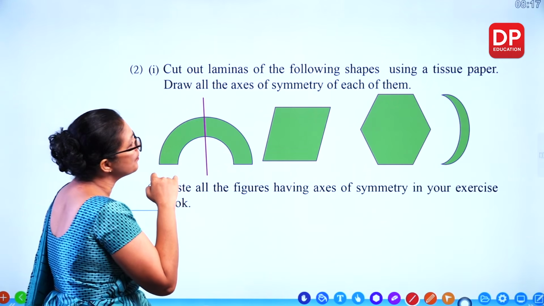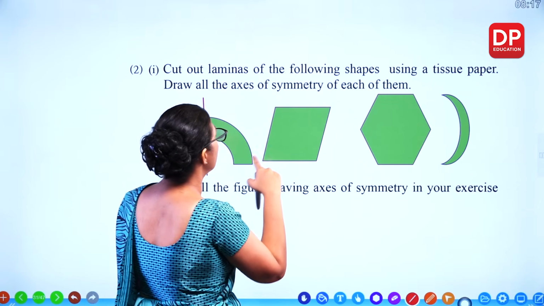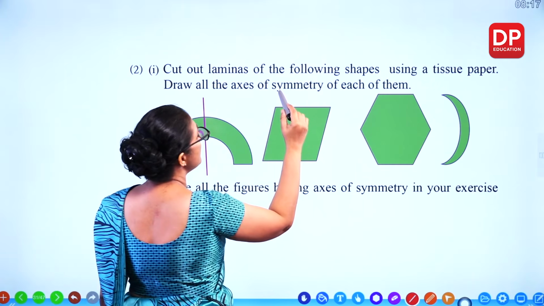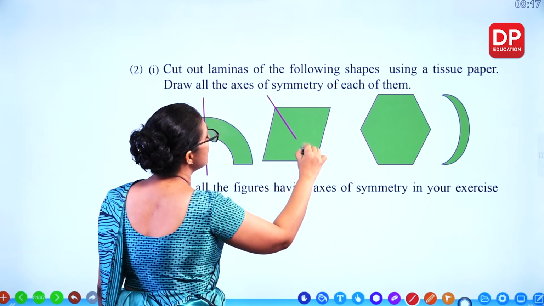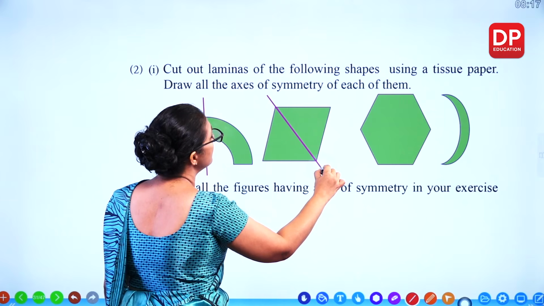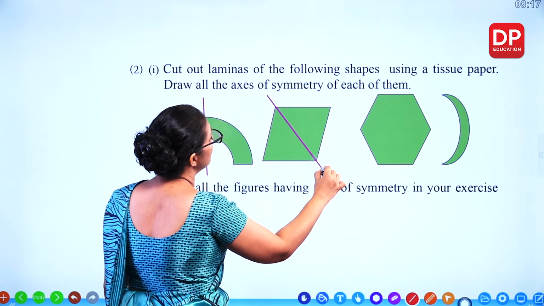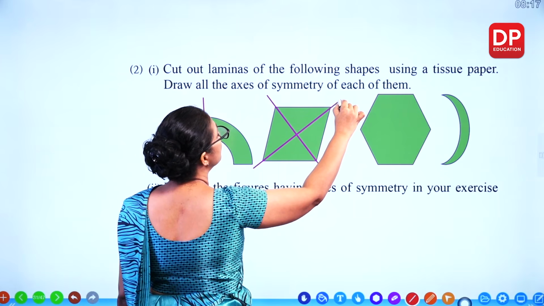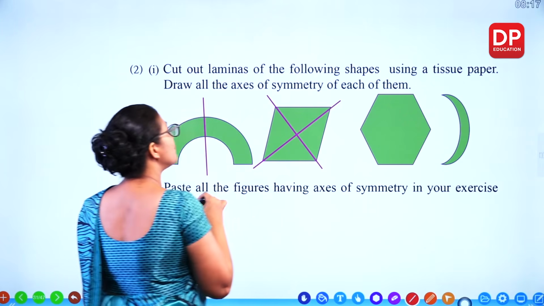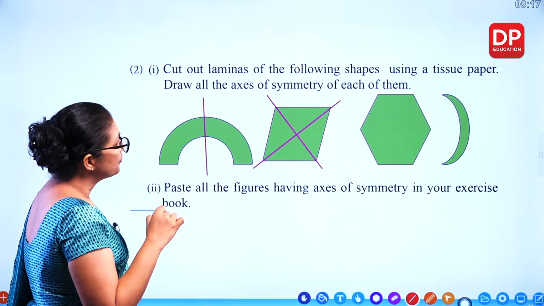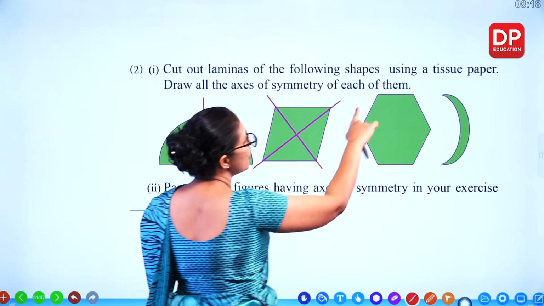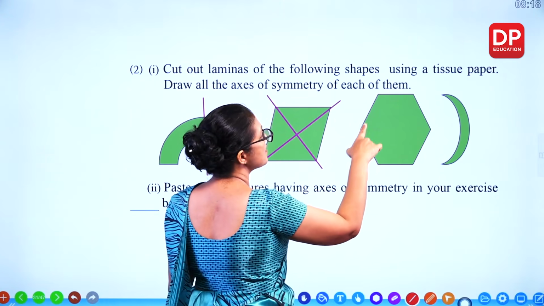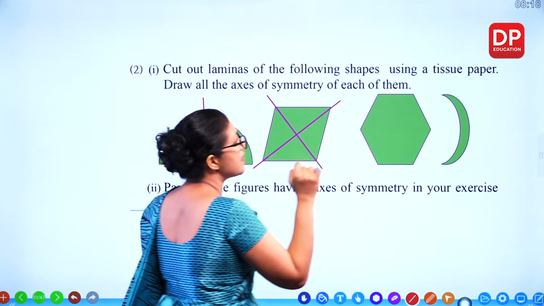What about this one? We can see these two lengths are equal. So I can draw here and here. These two. This one, 1, 2, 3, 4, 5, 6, six-sided hexagon, regular hexagon.